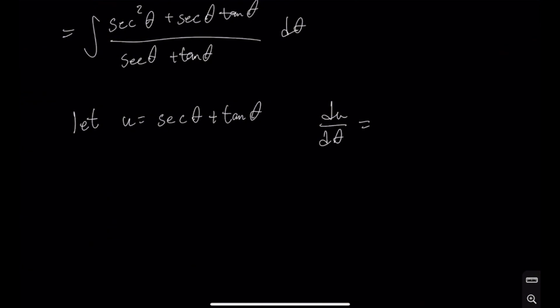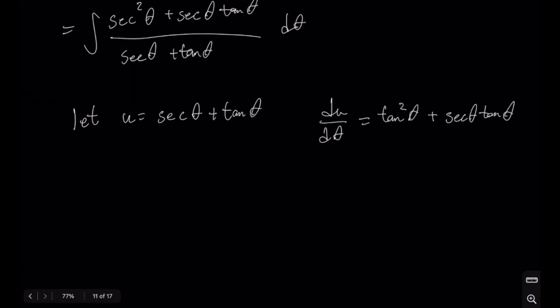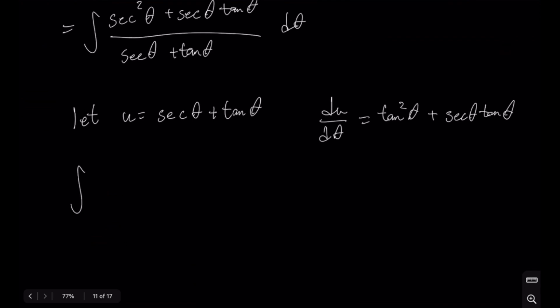So what is the derivative of secant? It is secant theta tangent theta. The derivative of tangent theta is secant squared theta. Alright, and that looks exactly like the numerator. So we're going to rewrite this as 1 over u times du d theta times d theta.